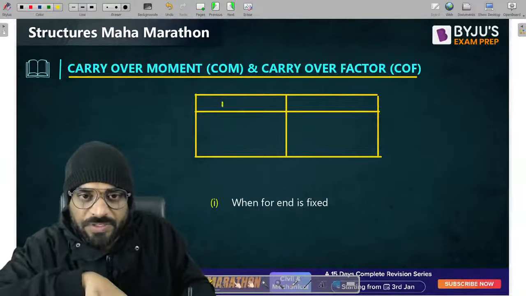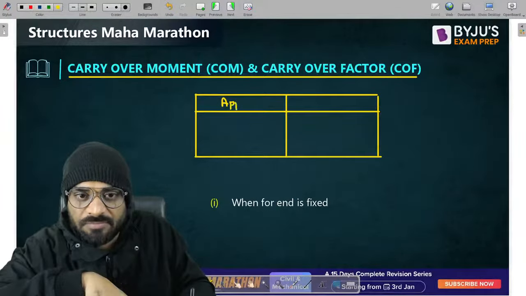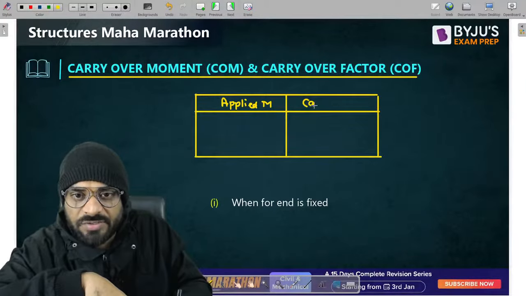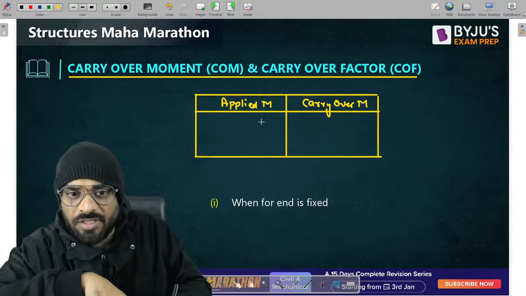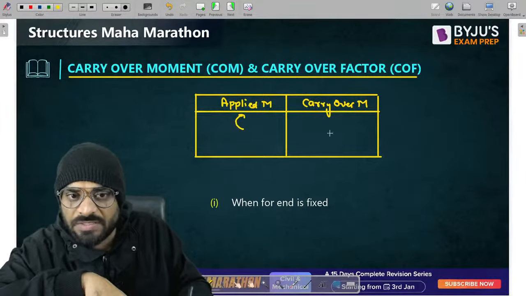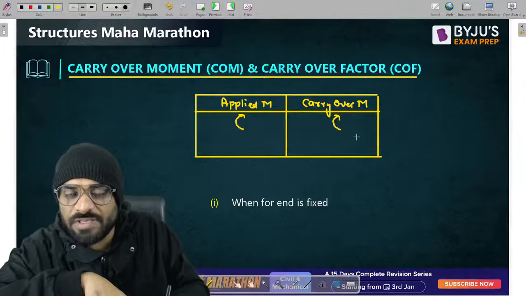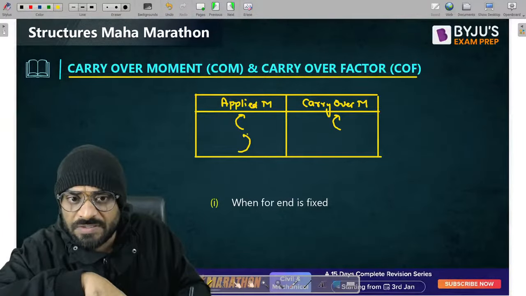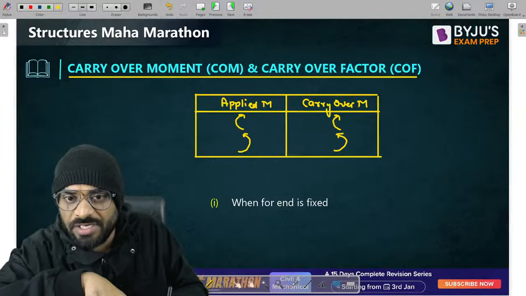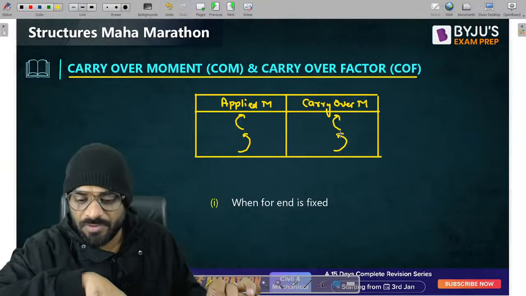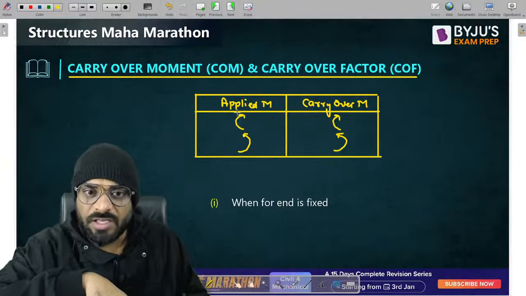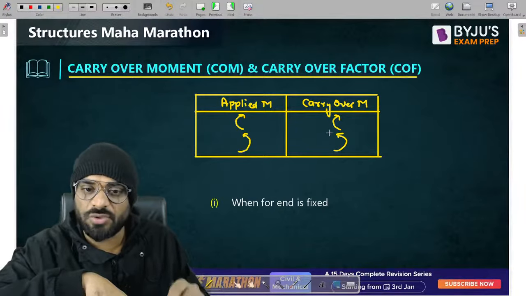So let us suppose this is the applied moment and this one is the carryover moment. If your applied moment is clockwise, then the carryover moment is also clockwise. If it is anti-clockwise, then the carryover moment is also anti-clockwise. Very simple to remember, right?